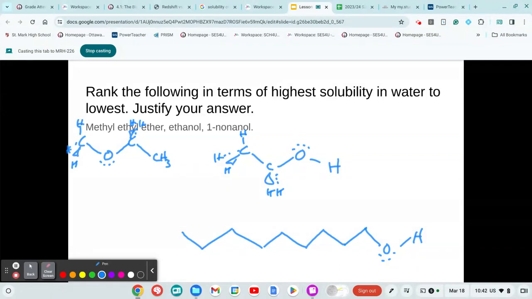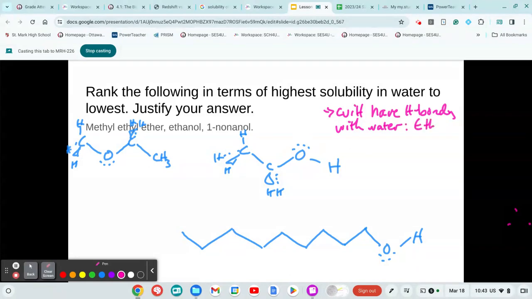First off, which one do you think would have the highest solubility in water? Why? Because it's smaller and it can be hydrogen bonded. So the ethanol will have hydrogen bonding with water.